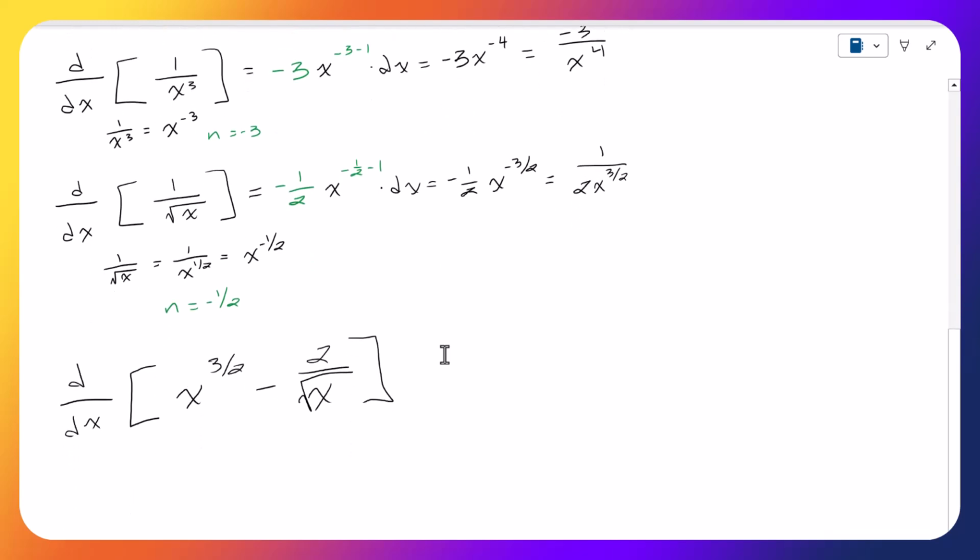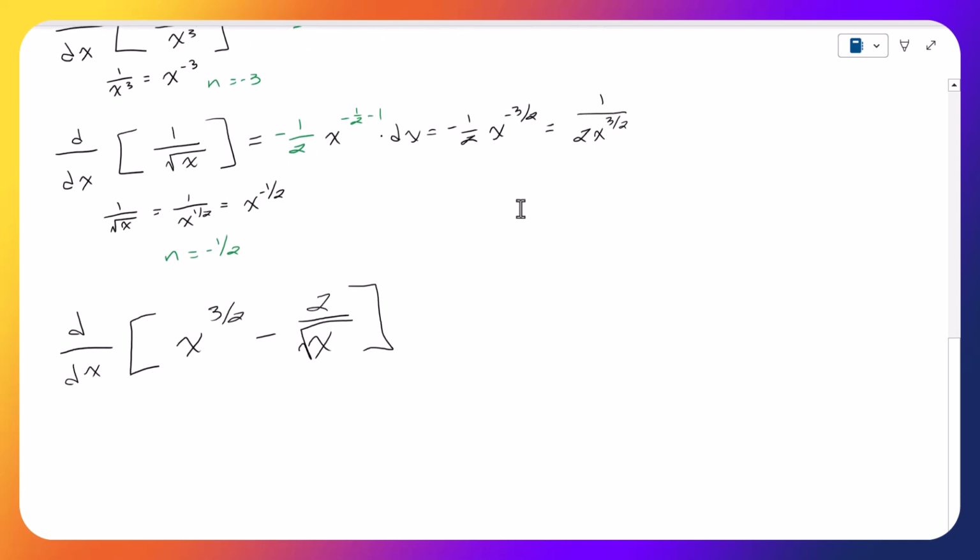We're just going to look at this piece by piece. So this is still our power rule, but I'm just going to have to look at each piece individually. I'm going to start with my left piece, x to the 3/2. Well, my n here is 3/2.